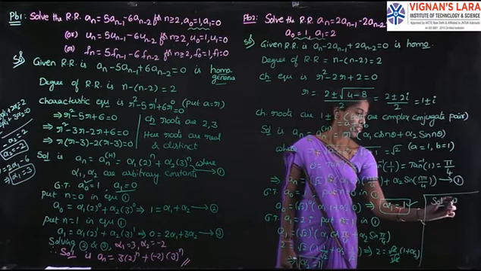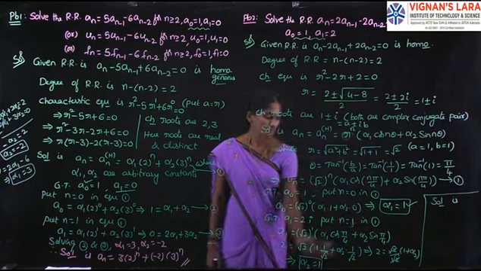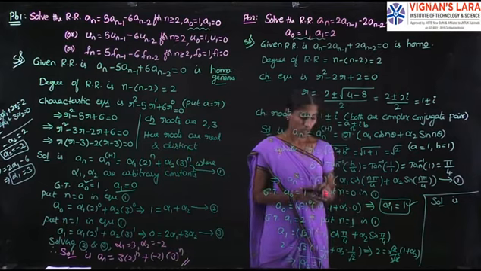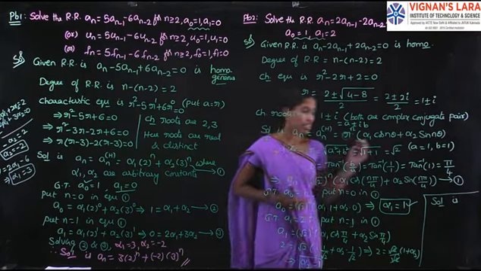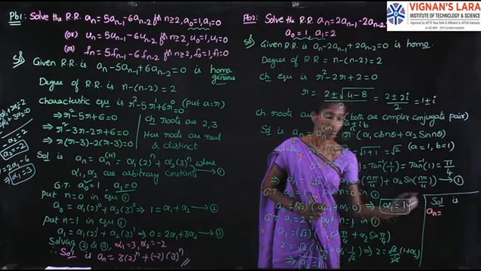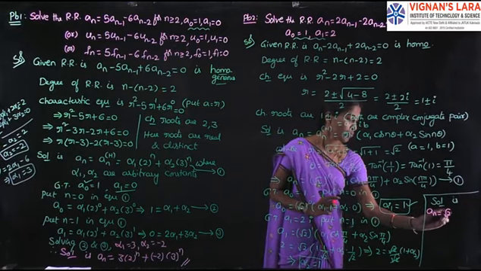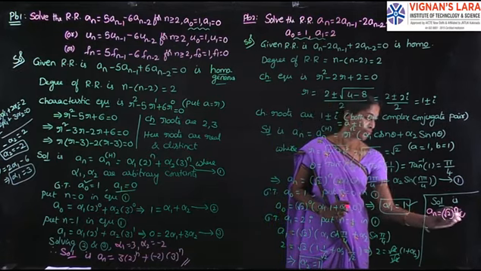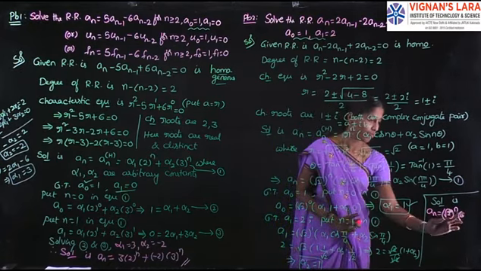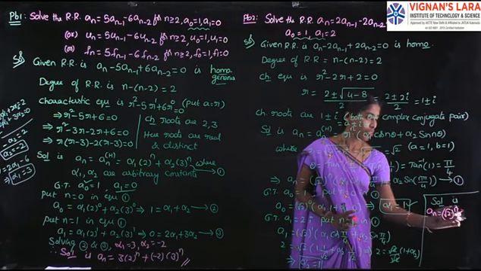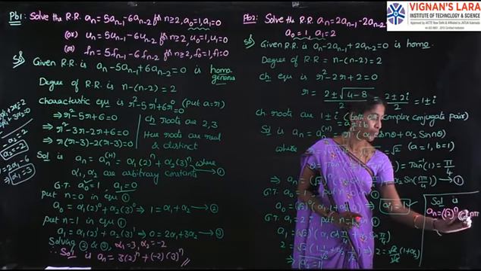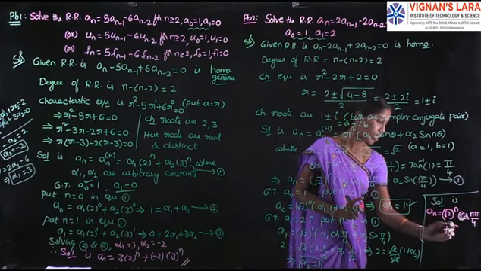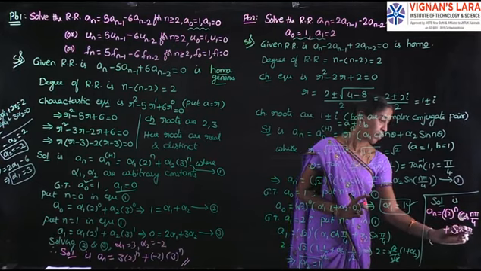Therefore, the solution is, substitute these alpha 1 and alpha 2 values in equation 1. What is the solution? an is equal to root 2 to the power n into alpha 1, which is 1, cos n pi by 4 plus alpha 2 value, which is also 1, into sin n pi by 4.